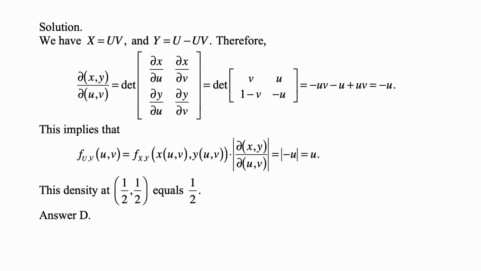And actually their independence is just a product of 1 times 1, where the density of x is 1 between 0 and 1, and density of y is 1 between 0 and 1, and 0 elsewhere. So this is simply 1 times the absolute value of minus u, and so that's equal to u.